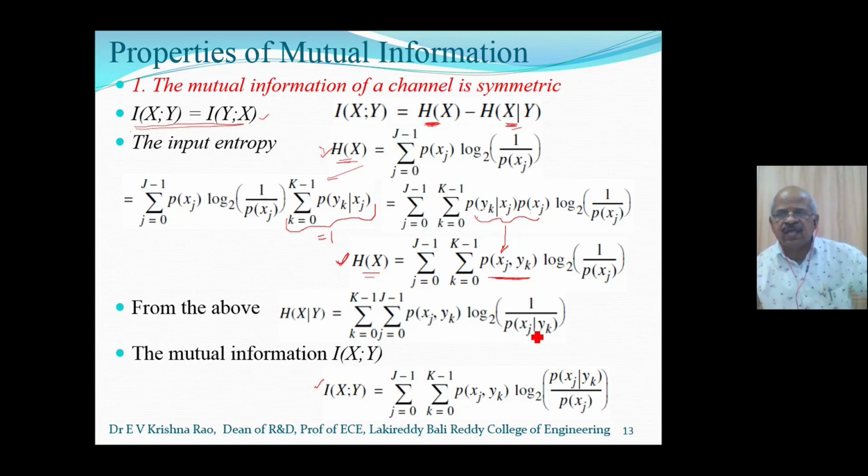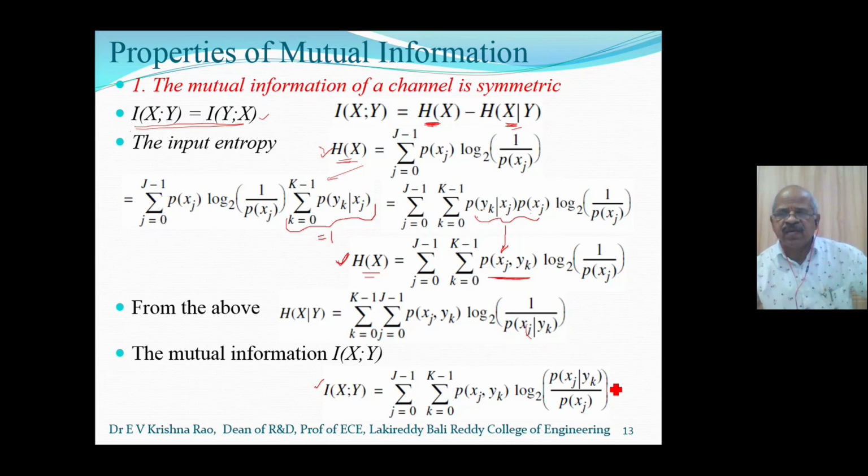So the minus of this term gets into the numerator because of the logarithmic property, and p(xj) is already there in the denominator. You can combine the two logarithmic terms, and because it is a minus value, it becomes reversed.